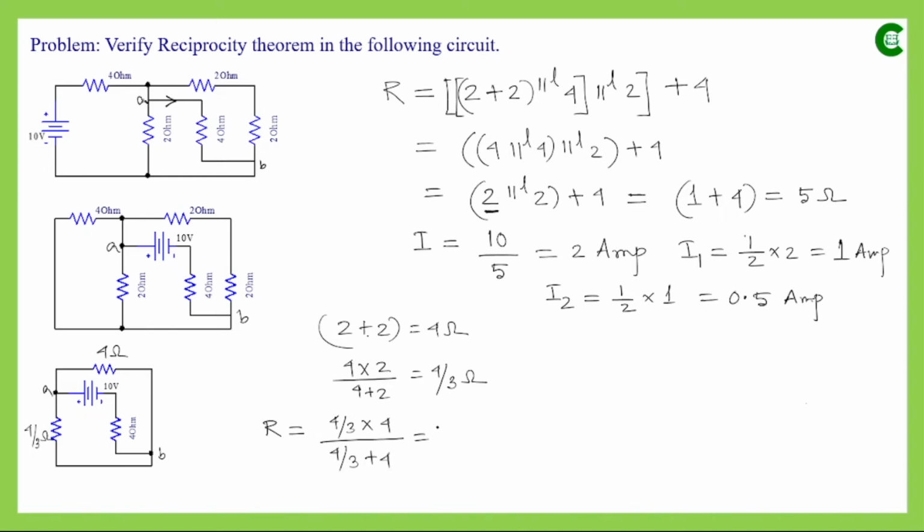So it will be 16 by 3 divided by 16 by 3, so the equivalent resistance will be 1 ohm, and the modified circuit will look like this.